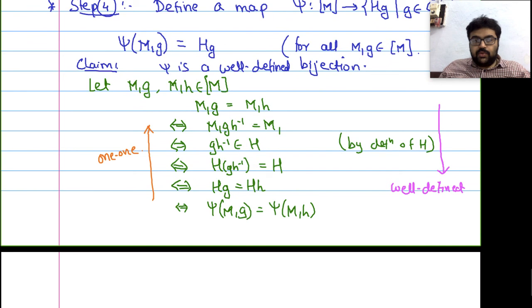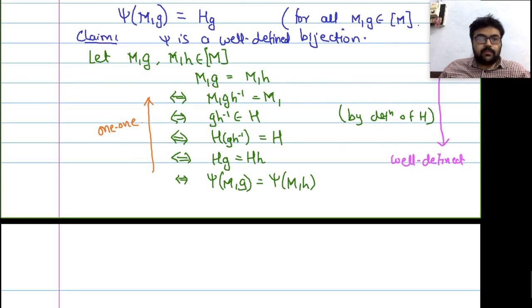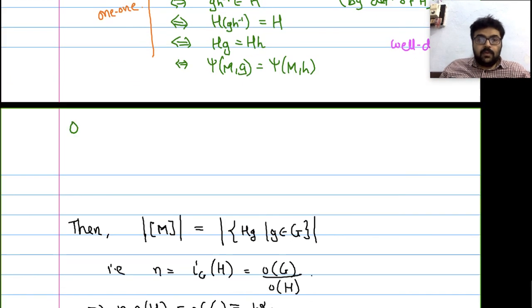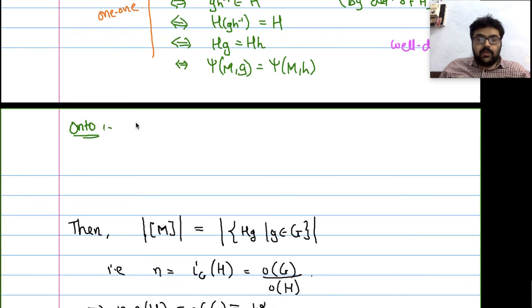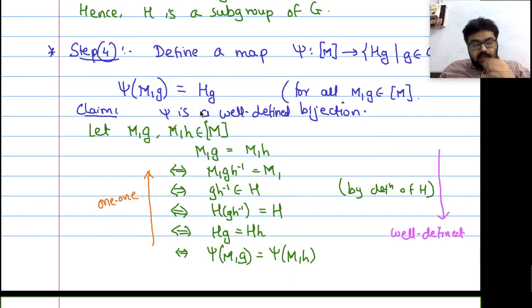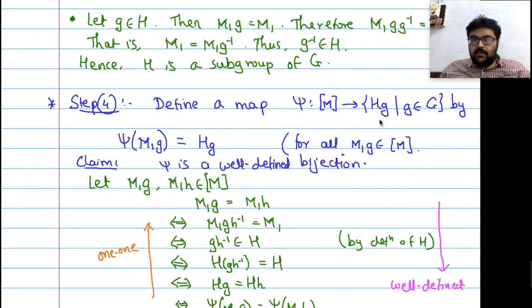Right, now we have to show it is onto. So now onto. For psi to be onto, what we have to show? Onto is very clear. Onto means we take an element here. So we have to take a right coset of H in G. As soon as we have a right coset, we have g.